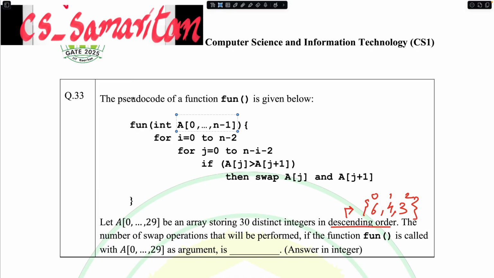Pseudo basically means code that is not compiler oriented but oriented towards expressing ideas. So when this particular array is fed in, how many times swap is called is what we have to tell.